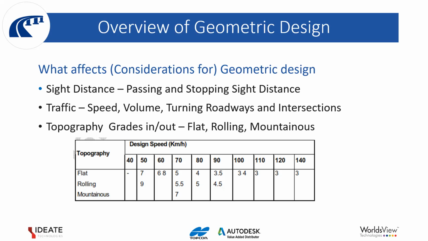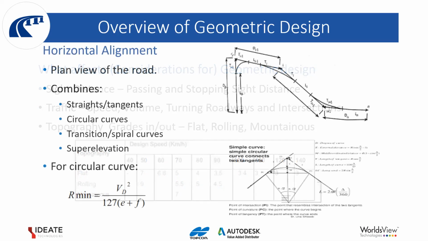Each of these, based on the different design standard that you use, will specify the minimum required grades, that is the grade in and the grade out, because each of them will also have an impact on the design speed that can be achieved at a particular section of the road that you are designing. Those are some of the key parameters that you need to consider to provide safety and comfort for the road that you are designing.